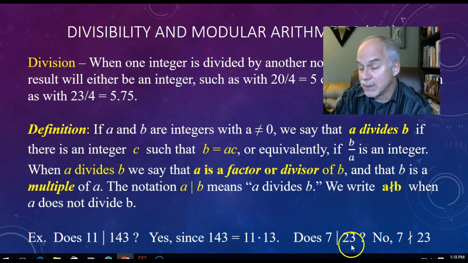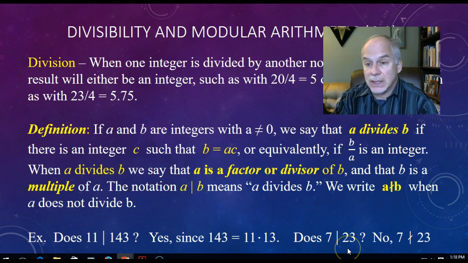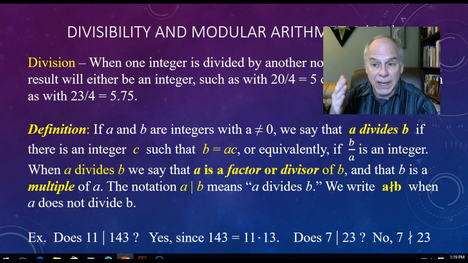Does 7 divide 23? All right. Well, no. Obviously, 7 would divide 21, but when you divide 7 into 23, you get a remainder of 2. You don't get a 0 remainder. So we would say 7 does not divide 23. Okay?